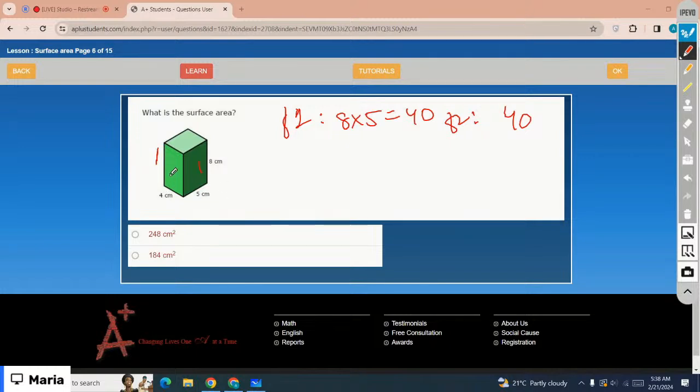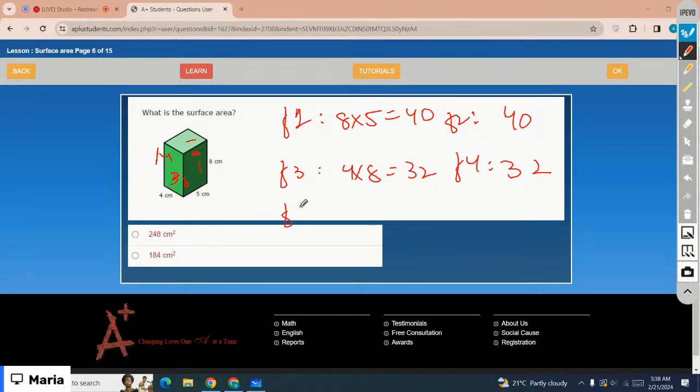Then just look at this face. Face 3 it is, right? This is 4 and this length is 8. So the area of face 3 is 4 times 8, that is 32. This side you cannot see is exactly the same, so face 4 is also 32. Now this one, this length is 5 and this length is 4.